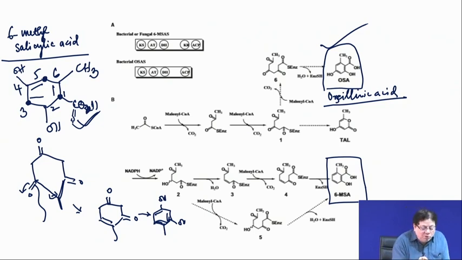Now, the question is, how do you know that there is a carbon oxygen here? You have to learn a little bit extra. What I have said is that polyketides are basically repeating units of carbon.